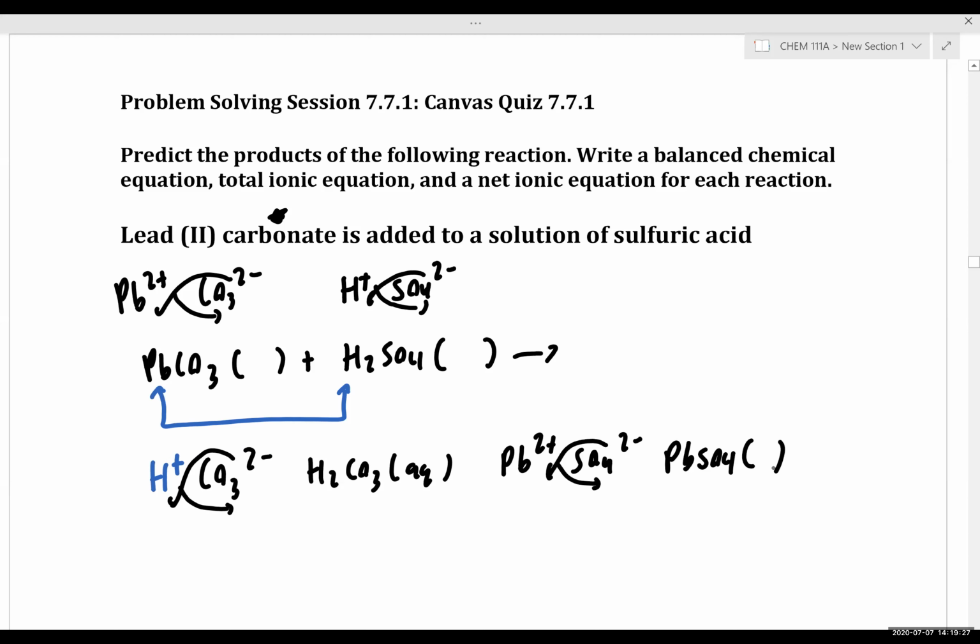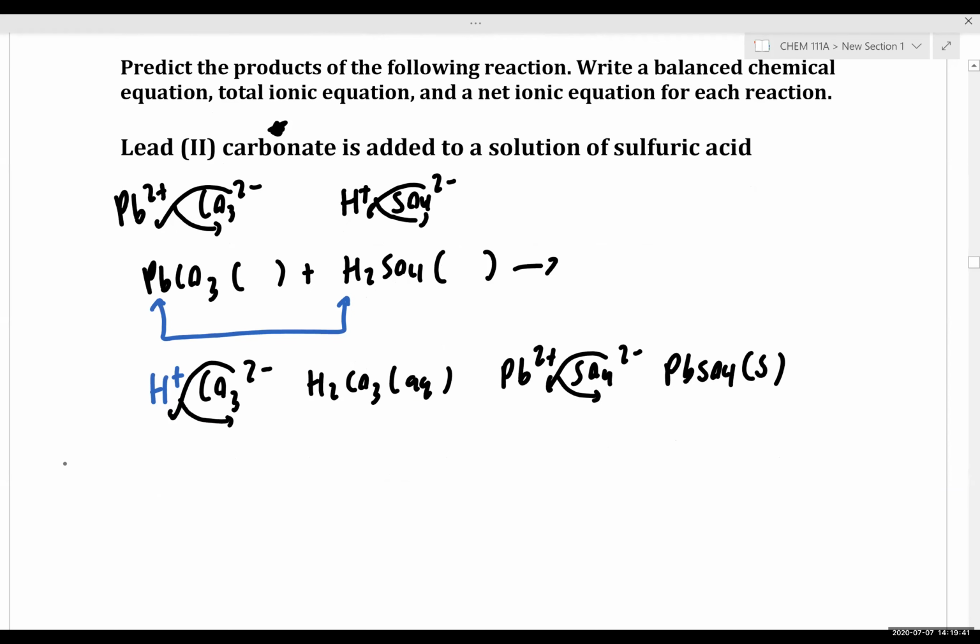And what is the state symbol for lead sulfate? Is lead sulfate soluble or insoluble? It's insoluble, so we give it a solid symbol. Okay, so now we write out the formulas. So lead carbonate, just to fill it in, is lead carbonate soluble or insoluble?